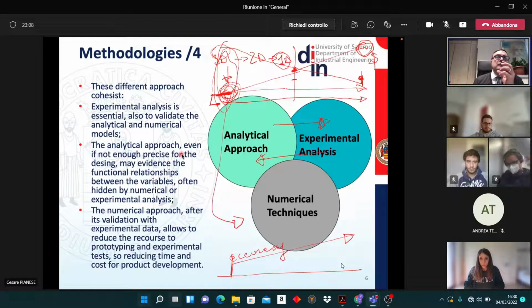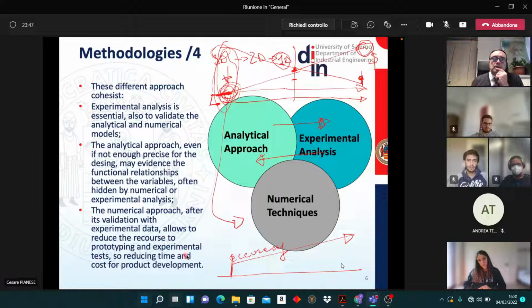Perhaps we are not precise enough with respect to the reality, but at least if the hypotheses of your model are correct, then you have some information on the functional relationships between the variables, and in some cases some of these relationships may be hidden by the experimental analysis.